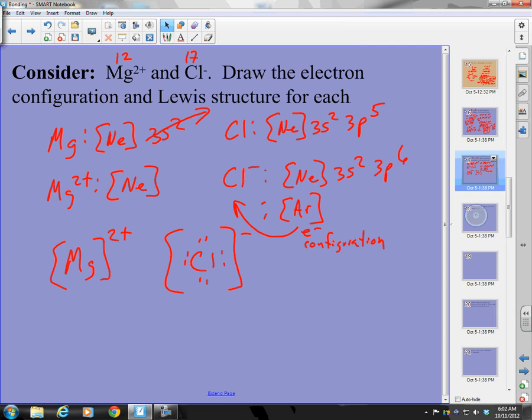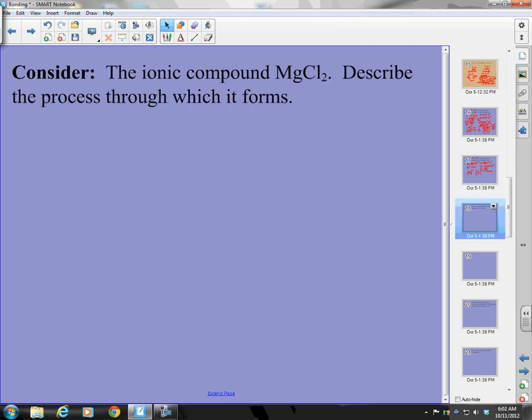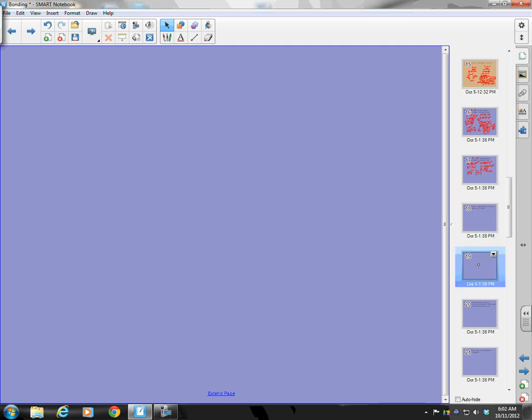Moving on. Next, consider the ionic compound MgCl2. Describe the process through which it forms. Okay, so we want to talk about the process of forming an ionic bond.